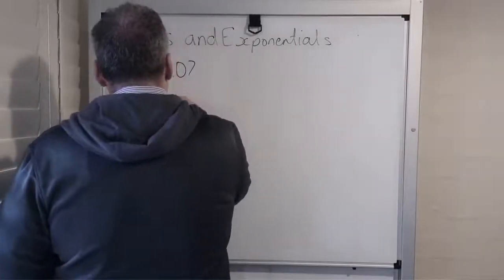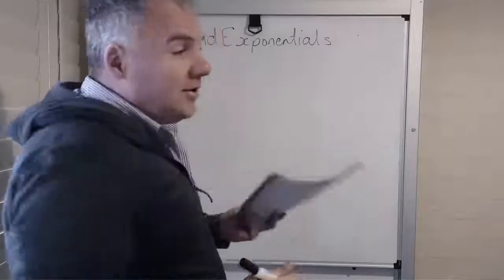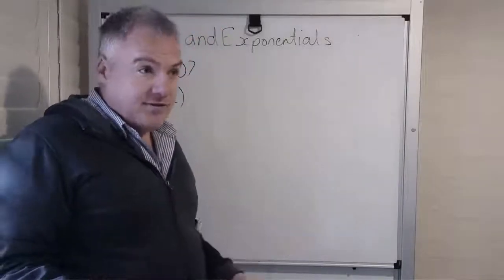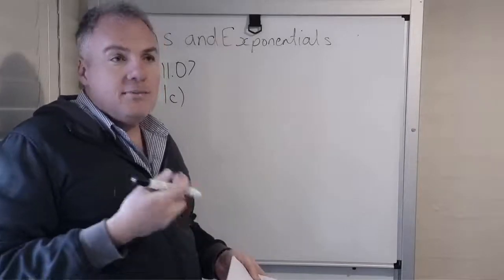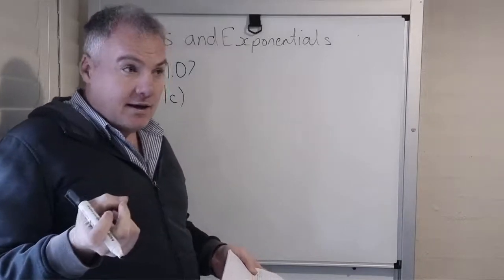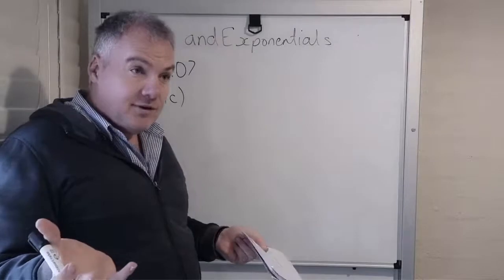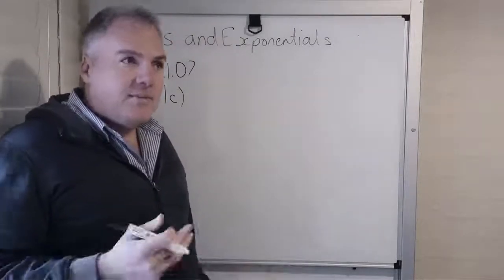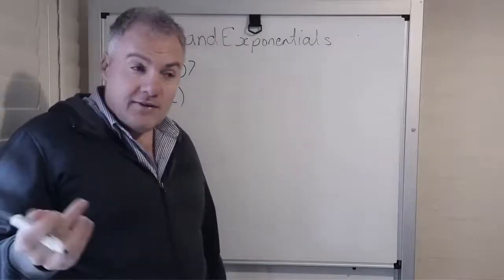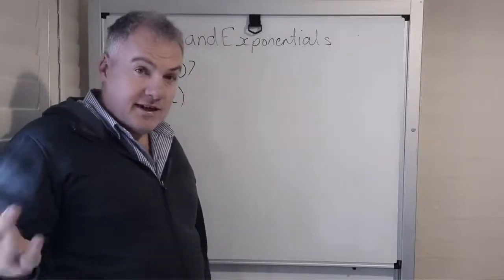So 1C, and what you're doing is you're solving exponential equations without the use of logs. Logs sometimes give you a decimal approximation. It's very easy to get a decimal approximation of this stuff with logs, but sometimes you want it more exact, and then it helps to phrase it as an exponential equation.